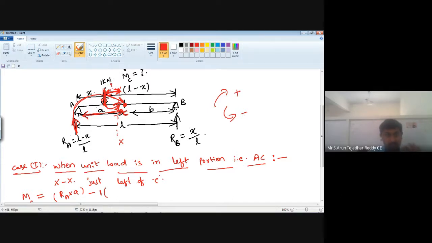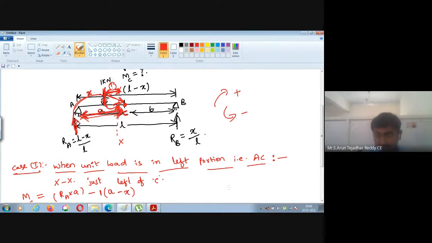But from A to C is A meter. So from this A meter, neglect X, then you will get this value, that is A minus X. Very simple.